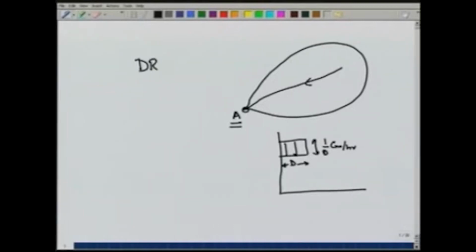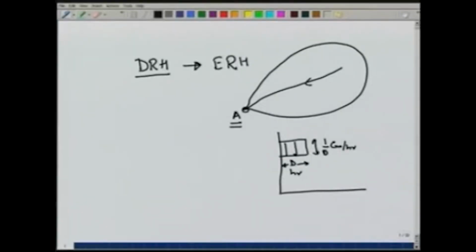So, what we are interested in is correlating the direct runoff hydrograph, DRH, with the effective rainfall hydrograph, ERH. If a rainfall of duration d hour occurs with an intensity of 1 over d centimeter per hour, indicating that the total effective rain is 1 centimeter, and if we measure the direct runoff at point A, that would give us the unit hydrograph of d hour duration.